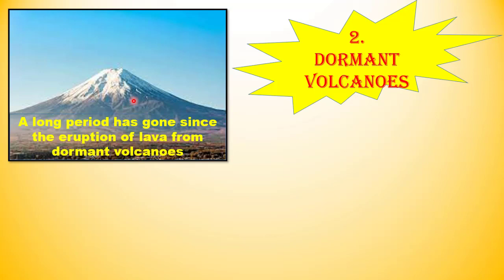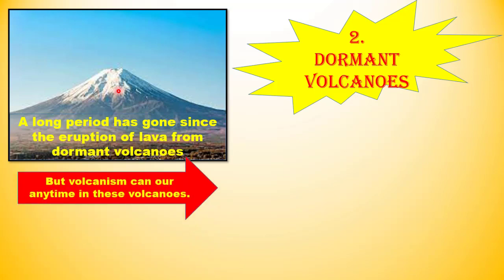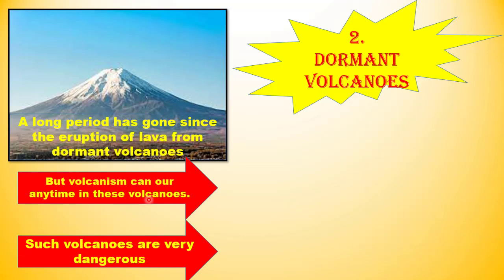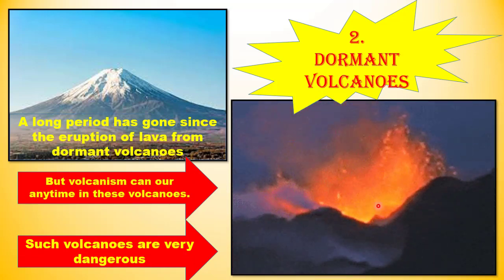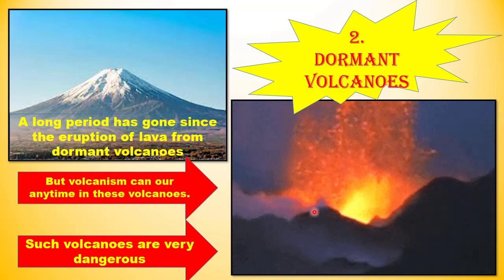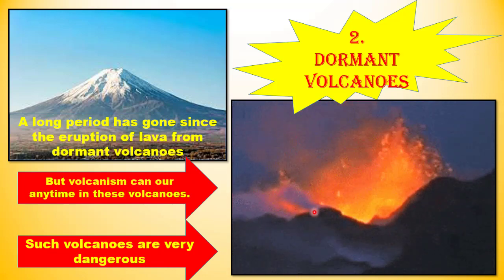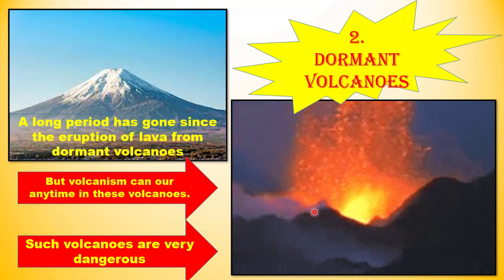It shows that there is no evidence of the eruption of lava. But volcanism can occur anytime in these volcanoes. Such volcanoes are very dangerous, as shown over here. It can burst like a bomb, which is dangerous for us.